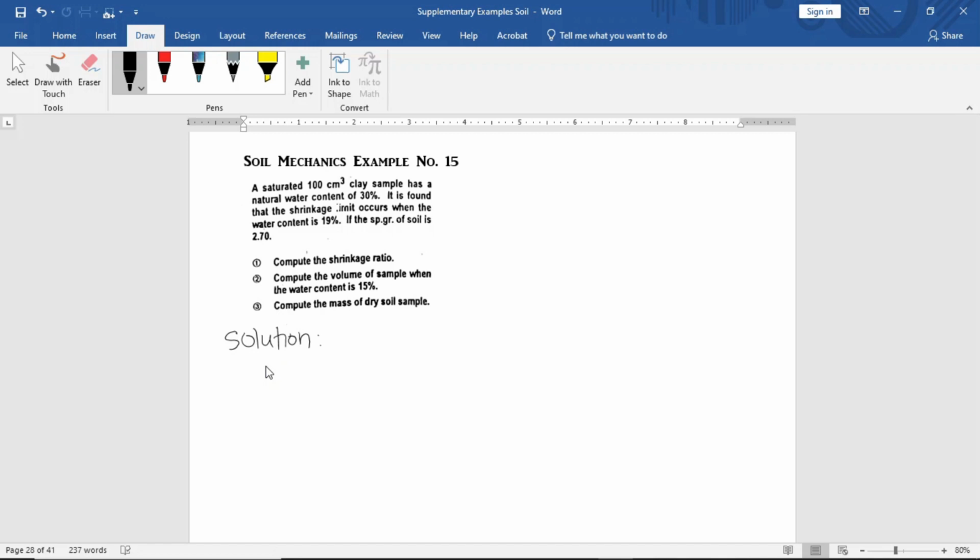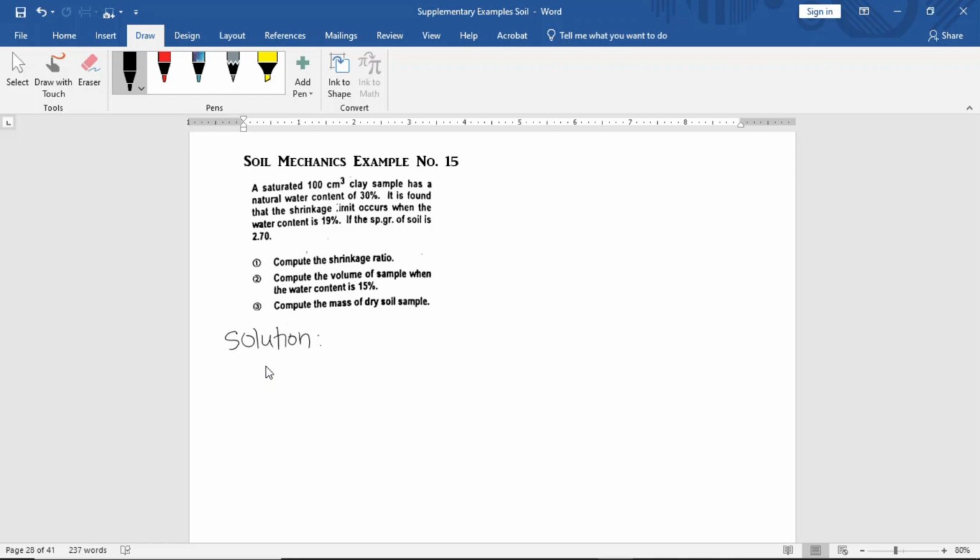So, meron tayong pinapahanap na shrinkage ratio. Saan ba natin mahahanap yung shrinkage ratio natin? Since wala tayong direct na i-substitute sa formula natin, magdi-derive tayo.